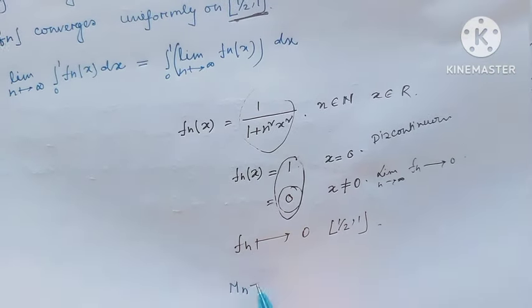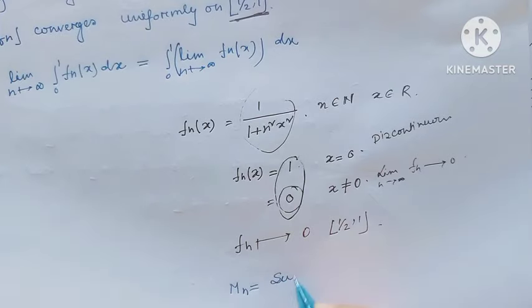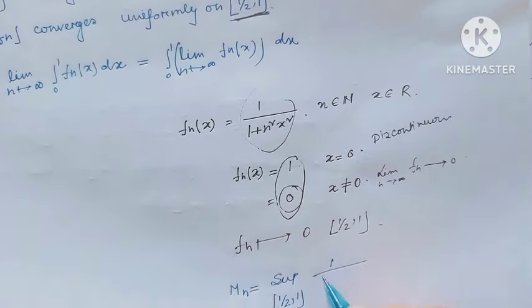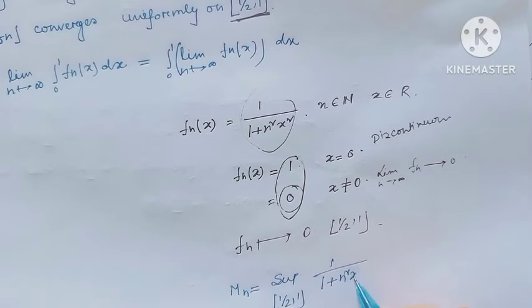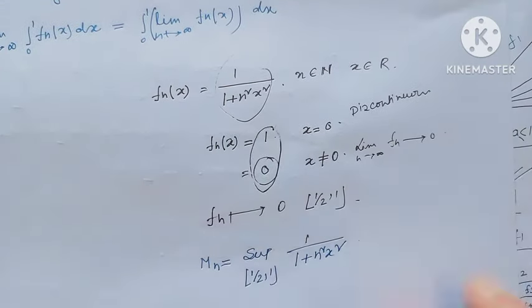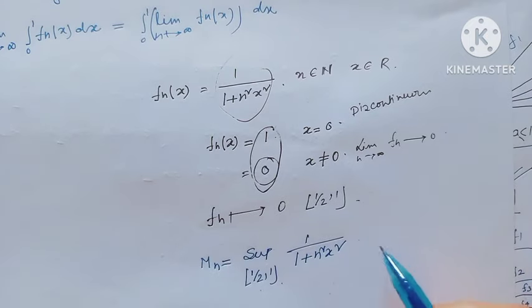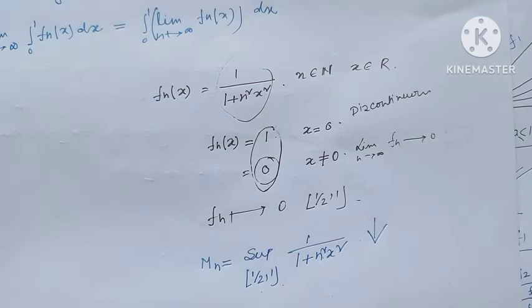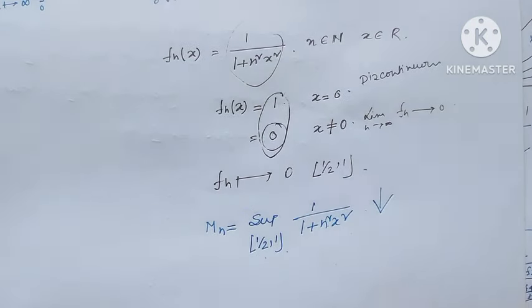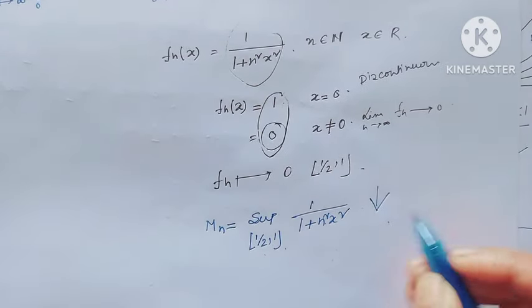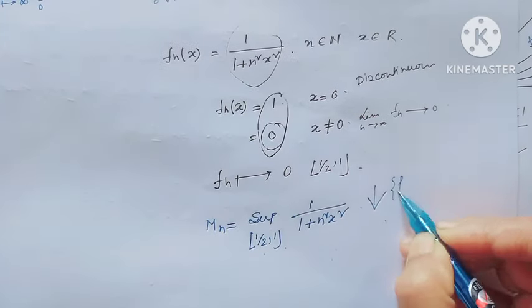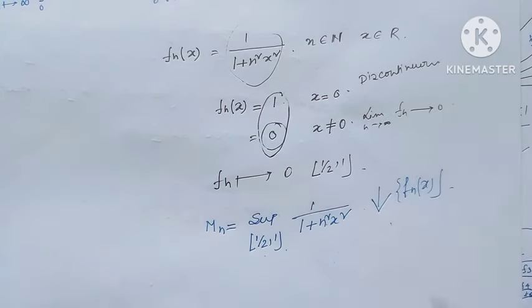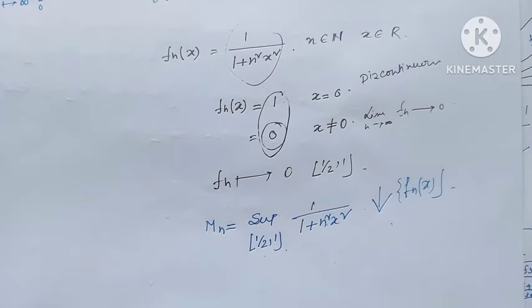consider Mn equal to the supremum over the closed interval half to 1 of 1 over 1 plus n squared x squared. We all know that in this interval, if you see the graph, this is monotone decreasing. Since Fn(x) is monotone decreasing, the supremum exists at the point half.